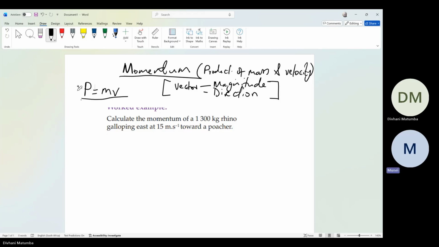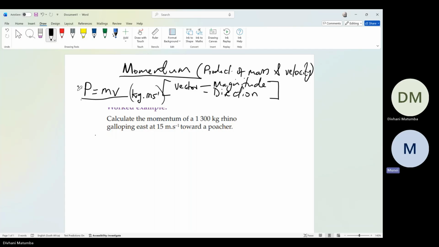So what is the unit of momentum? The unit of momentum is kg meters per second. These are the units. Okay, are you done? So how much did you get?